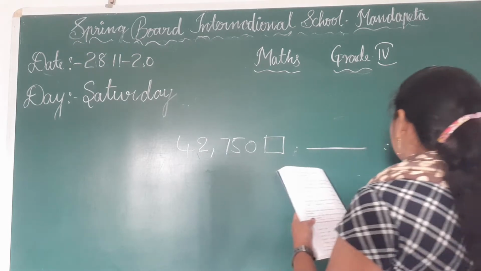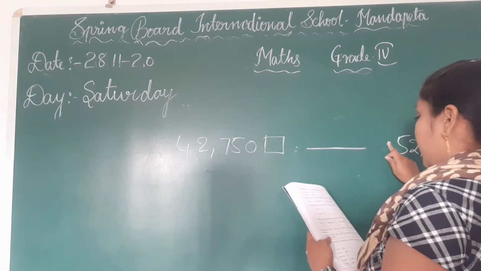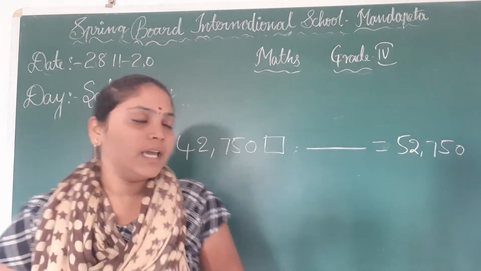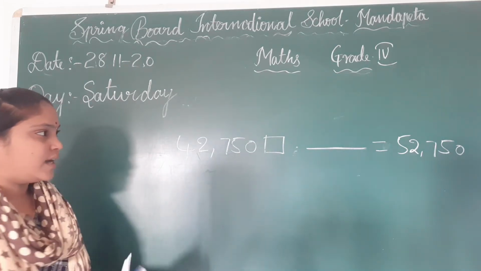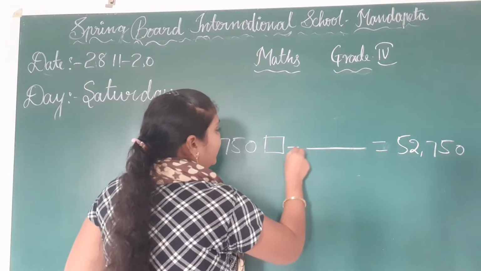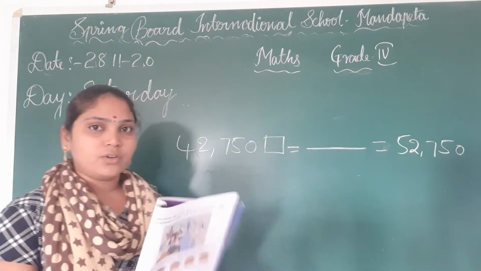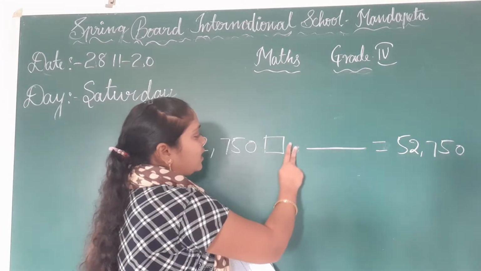You have to check 52,750 given here. Which number is added to this one to get 52,000? Here you have to add or subtract to get the given number.